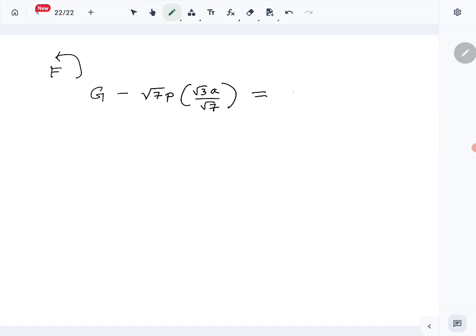And the new resultant moment about F is 0, because the new resultant goes through F. So simplify and we have the answer: G is root 3 PA Newton meters. That is the size of the moment for the couple introduced to the system. Okay, so that is the answer for question number 14, part B.